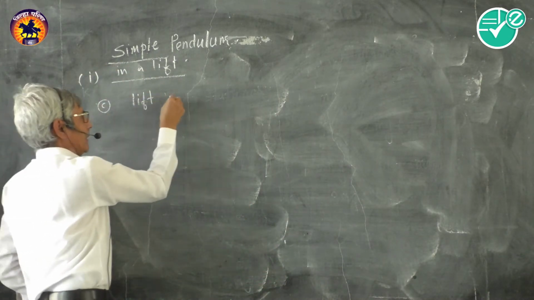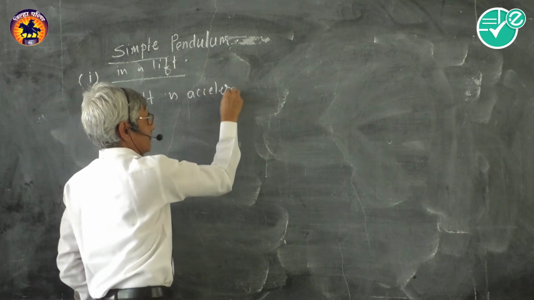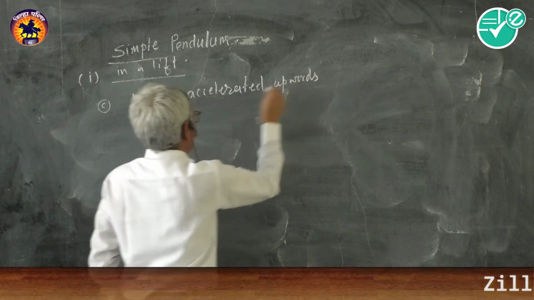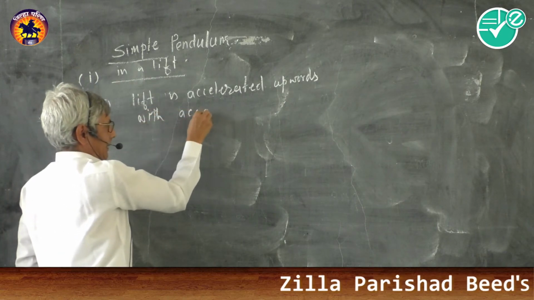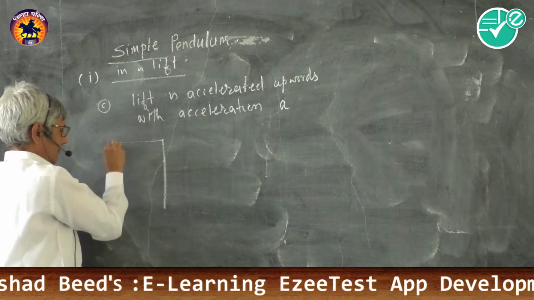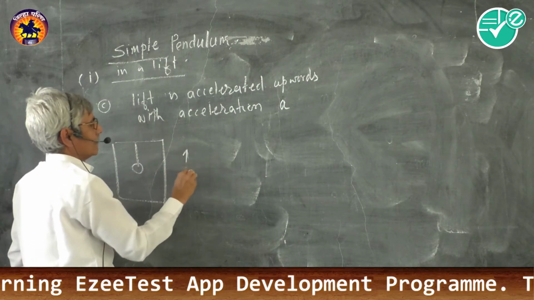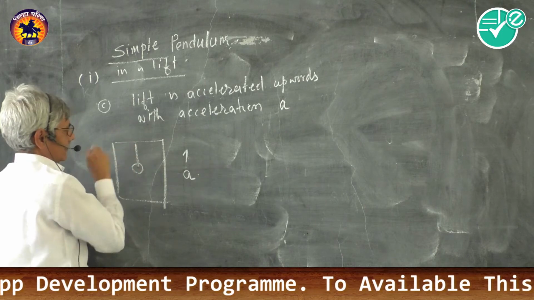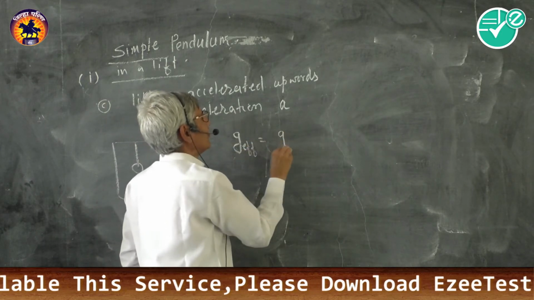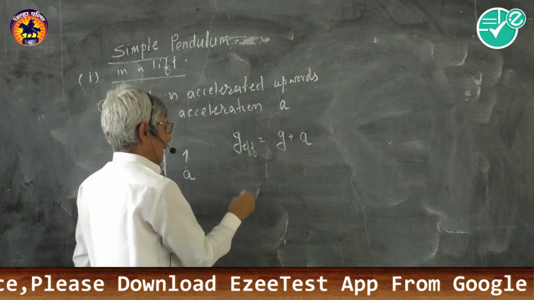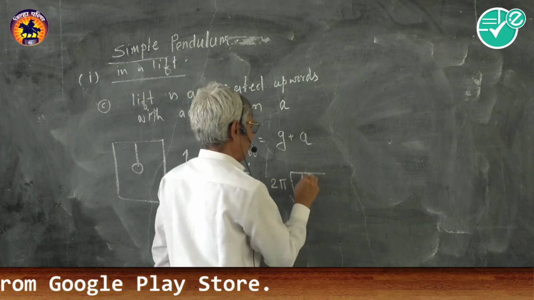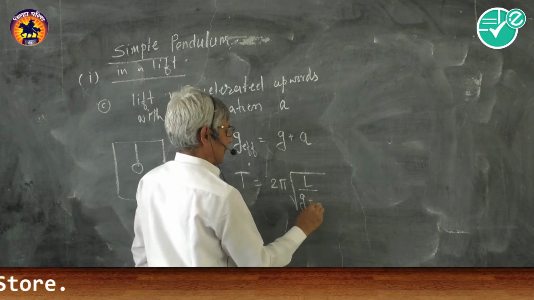Now, if we assume that the lift is accelerated upwards with acceleration a, in this situation g effective will be equal to g plus a, and T dash will be equal to 2π into square root of L divided by g effective, that is g plus a.